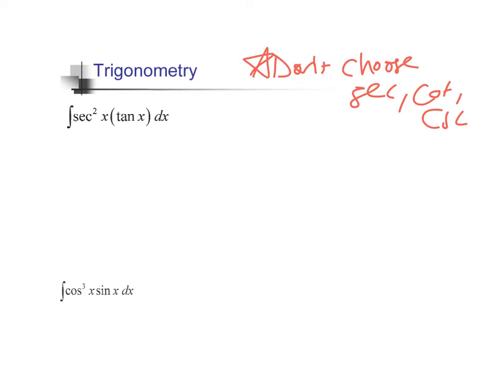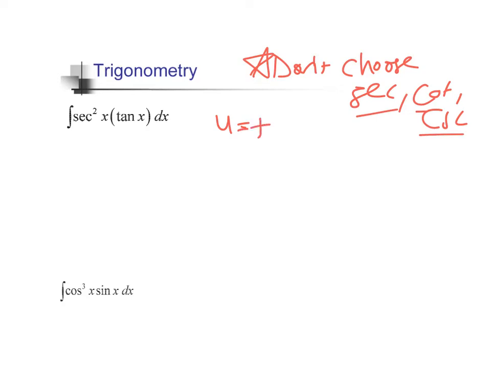So this is a slightly different scenario where you know that the integral of tangent is secant squared, so that's why, or the derivative, I'm sorry, that's why we want to use that as our u. I don't know the integral of one of these, so that's why I have to be careful, okay?